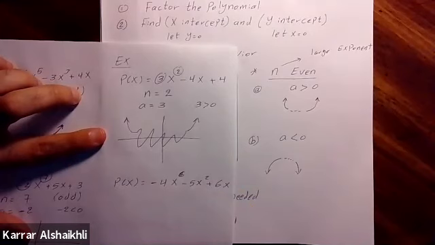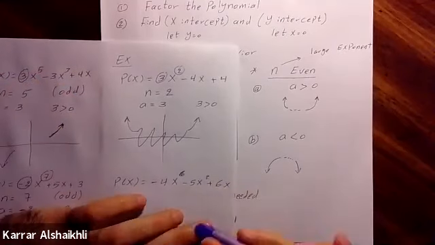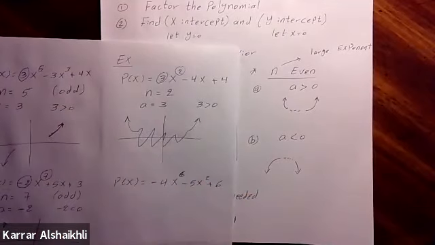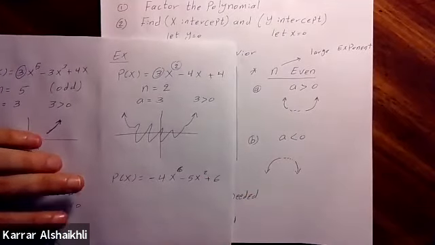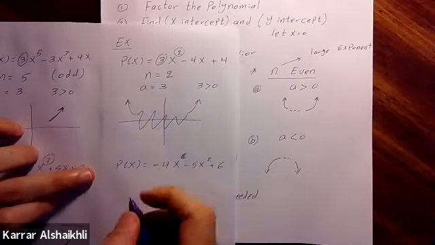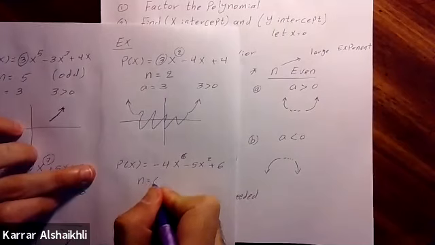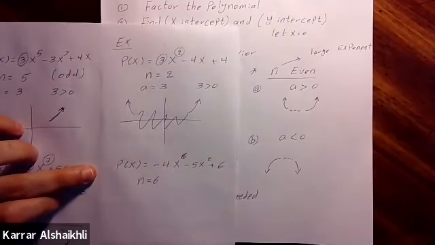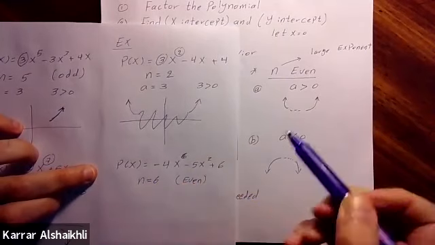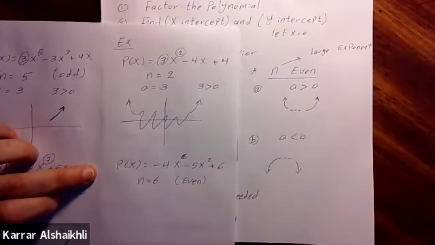If they ask you to graph this one, it's 6, just 6, not 6x. So if you have a function like this, and you have to know the end behavior, the first thing I'm going to locate is the large exponent, which is 6, an even number. So this one is even, so I'm going to work with this side, the even side.